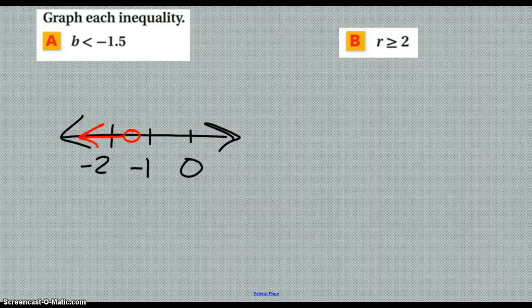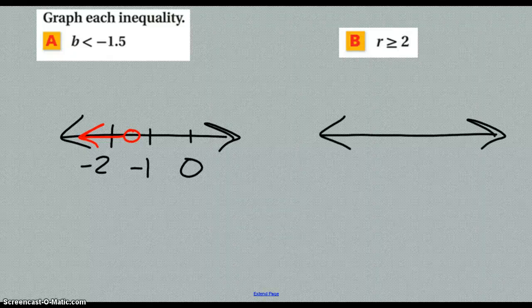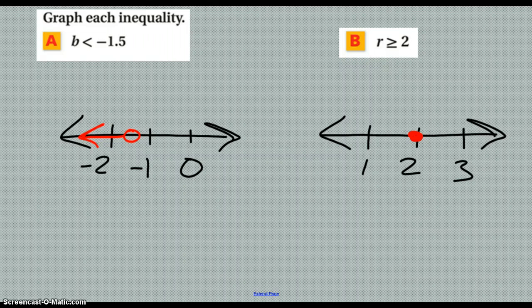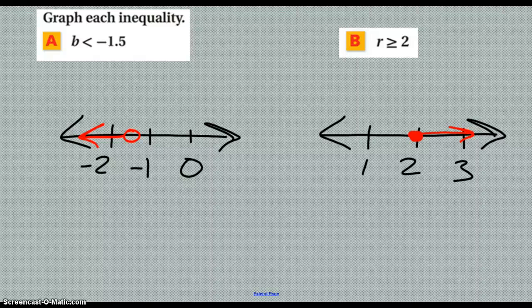Go over here to example b, choose a number above it and a number below it. So we got 1, 2, 3. And we are saying that r is greater than or equal to 2, so we're going to shade this in because we're including 2, meaning r can be anything 2 or larger. And we would shade that way.